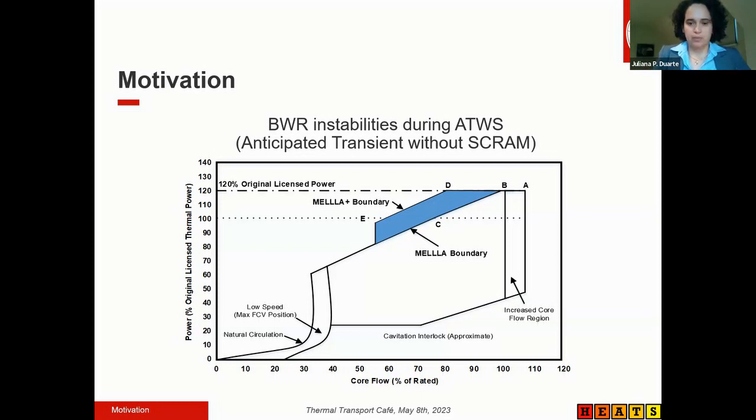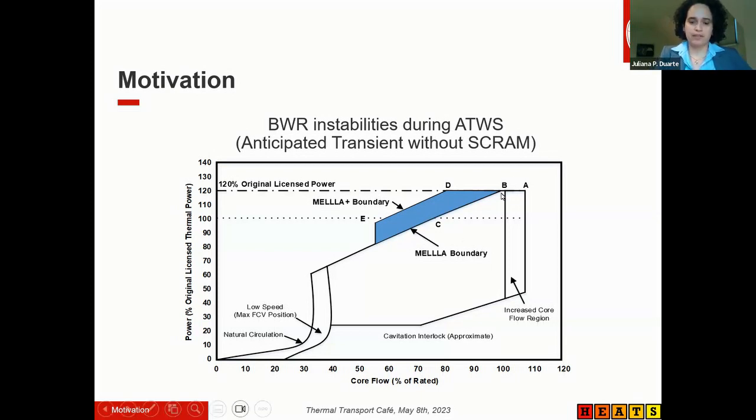What that means? It means the boiling water reactors have been licensed for certain power and certain mass flow rate for them to operate. A few years ago, several of them applied for extended power uprate, where they are allowed to operate at 120% of the original license, which you can see here by the MELLLA boundary.